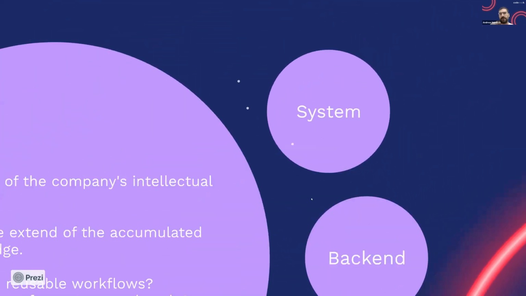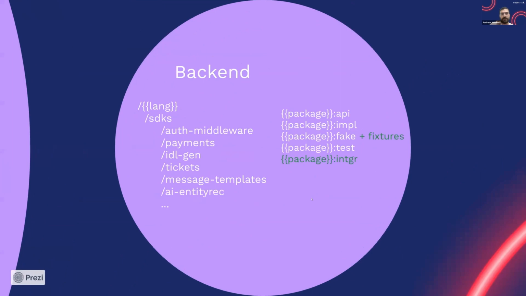At the backend repository, that might look something like an SDKs folder with different types of libraries underneath that. For example, I mentioned the authentication middleware as an example that can be used across multiple services. The payments infrastructure could be exposed as a common SDK that different services can reuse.